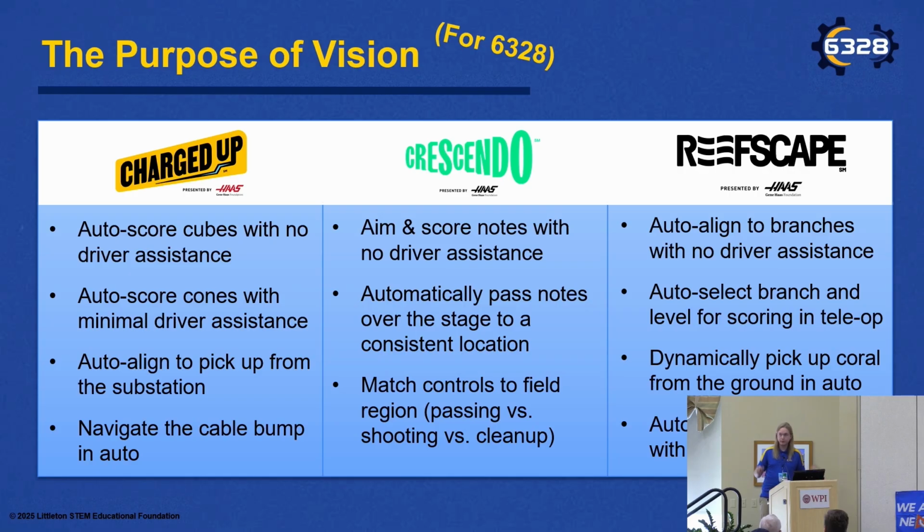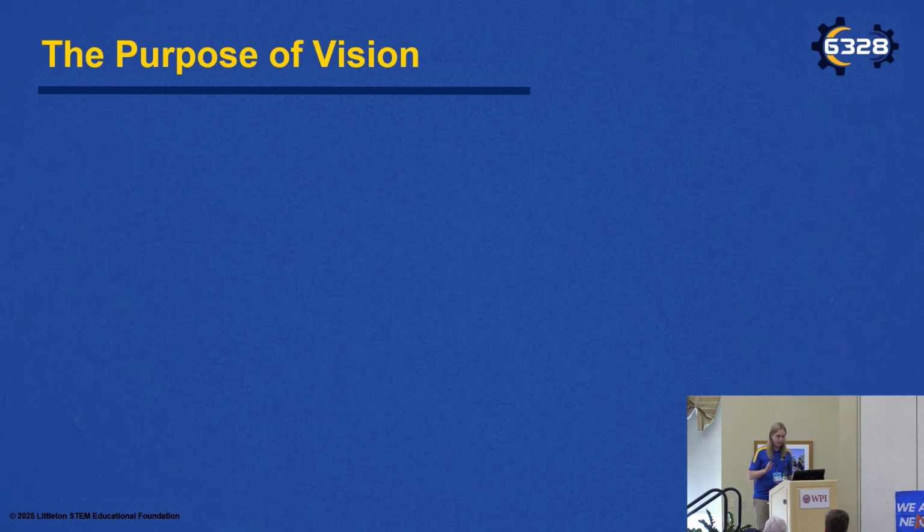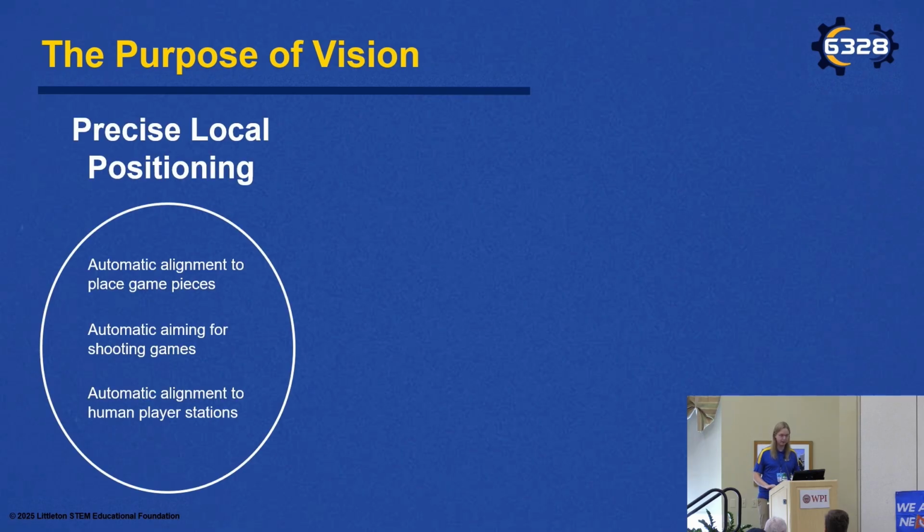Yeah, so there's a whole bunch of variation that you can see here between different games, a whole bunch of tasks. But what we started trying to do is seeing how we can group these tasks into buckets. Now, first, all of the most important tasks tend to fall in this bucket of precise local positioning. This means that we are trying to determine the relative position of the robot to a particular field object.